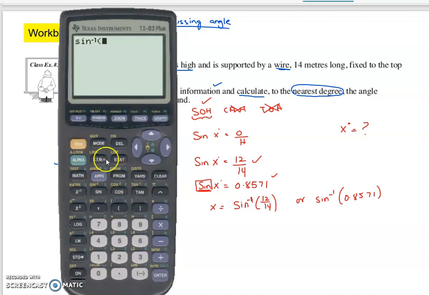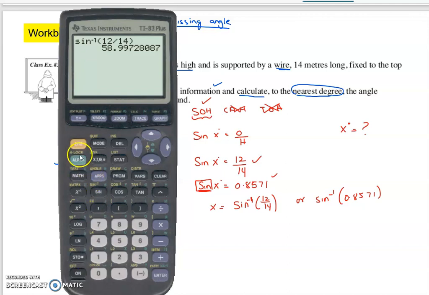So what did I do? I went second sine, and it brought up this anti-sine part, and now I can put in what was on the other side, whether in the fraction form, like I'm doing right here, which gives me the angle rounded to the nearest angle, 59 degrees.